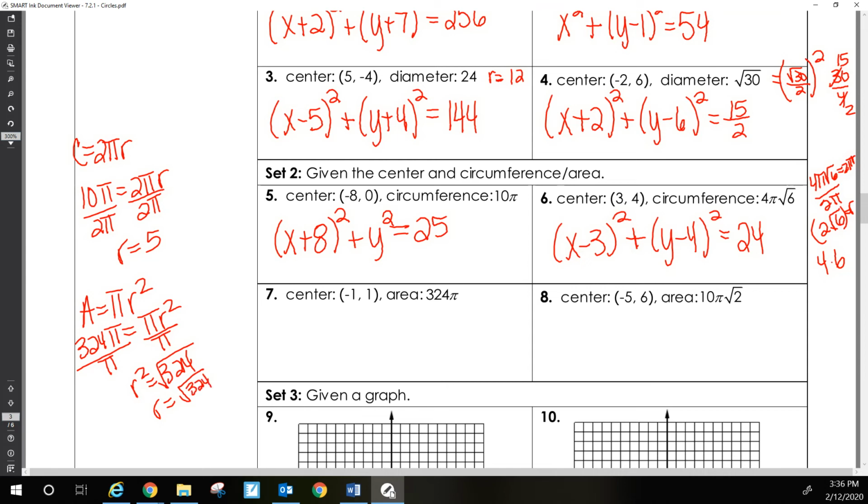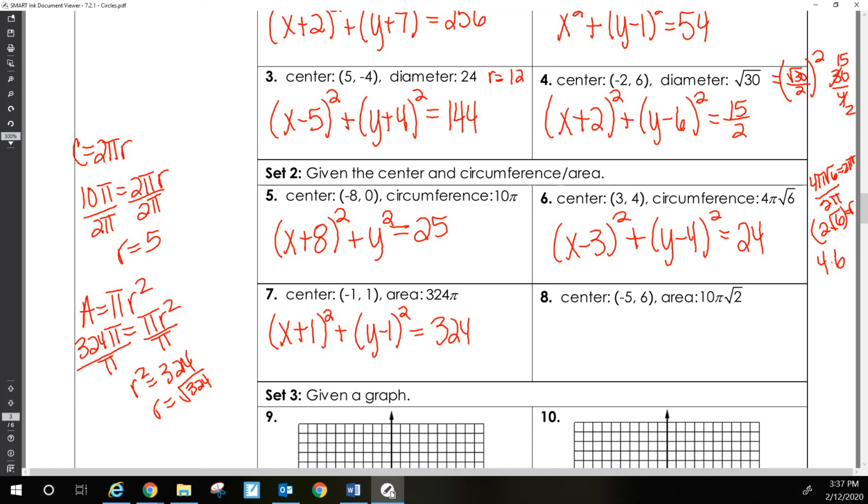Now don't get all fancy and try to figure out what that is because we're about to square it anyways, right? All right, so my center is at x minus negative 1, so (x plus 1) squared plus (y minus 1) squared is equal to my radius squared. Let me take this back off of here so we don't get confused. My radius squared we said was 324.